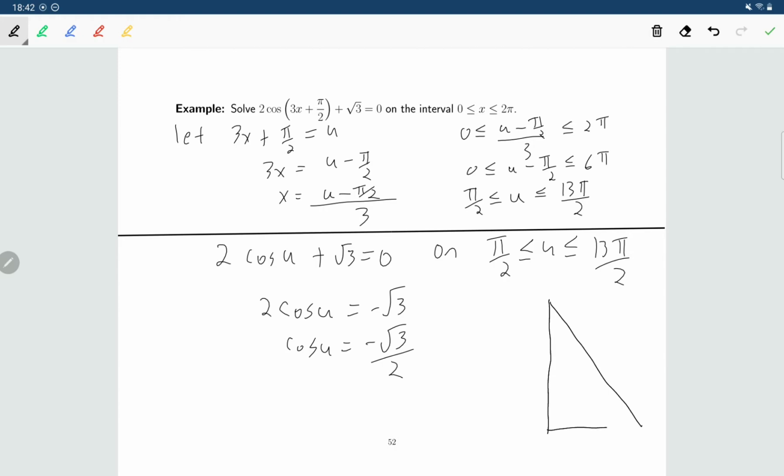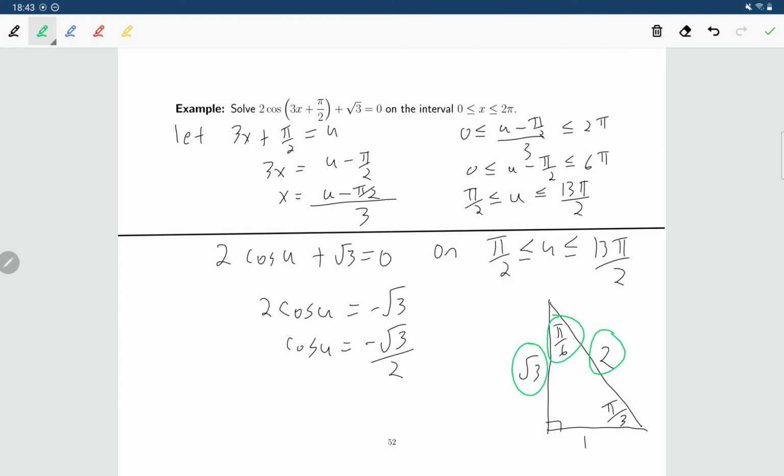And again, if you're thinking in terms of your special triangles, in particular the 30, 60, 90 triangle, the pi over 6, pi over 3, pi over 2 triangle, you know that cosine of pi over 6 would be adjacent over hypotenuse, would be root 3 over 2.